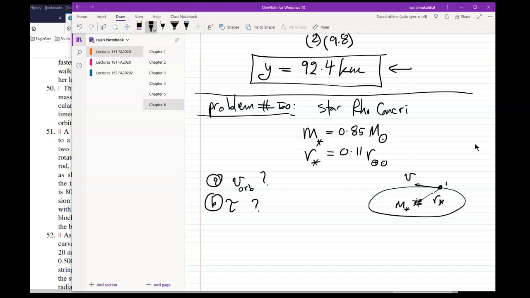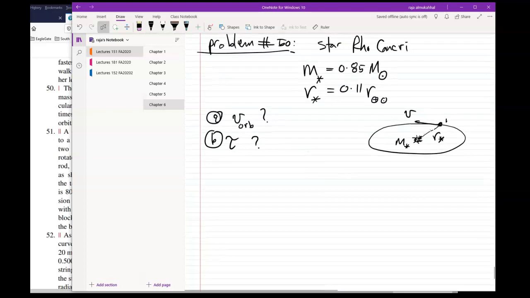So how do we find the velocity of the orbit? One way to do it is to start with F equals ma.